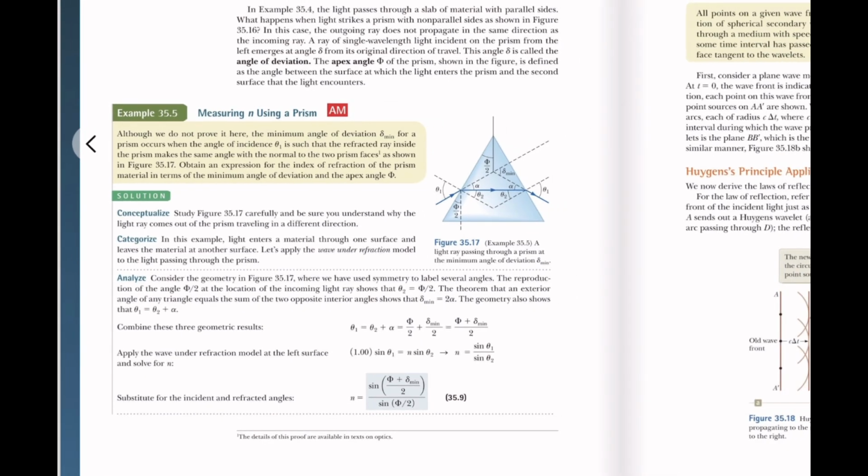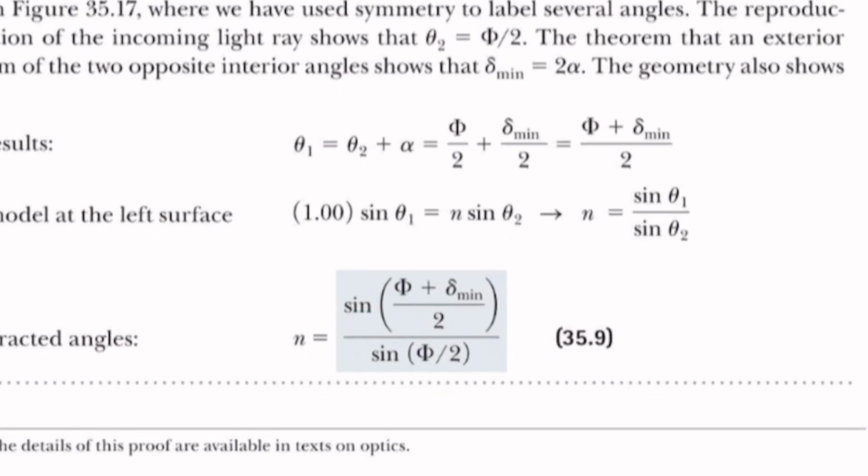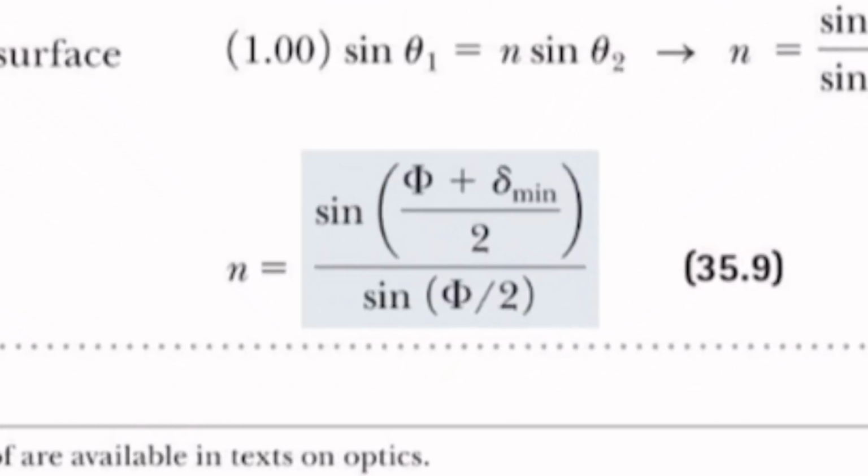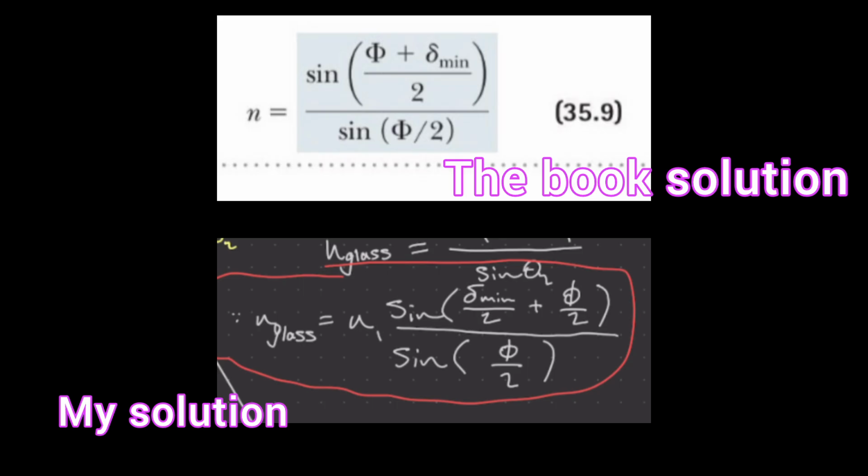So it looks like what we got is over here. Index of refraction is equal to sine of phi plus delta min over 2, over sine of phi over 2. So it looks like the same thing. It's just we did not remove n1, the index for air, or replace it with a 1.